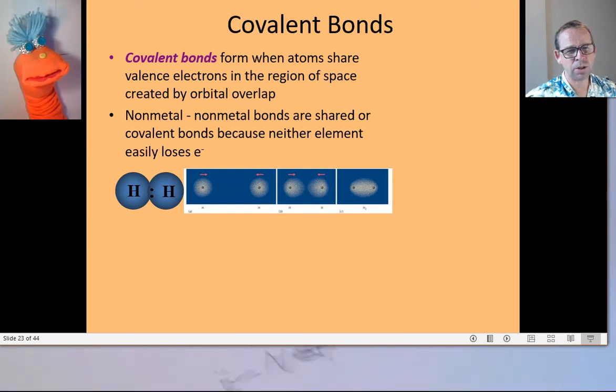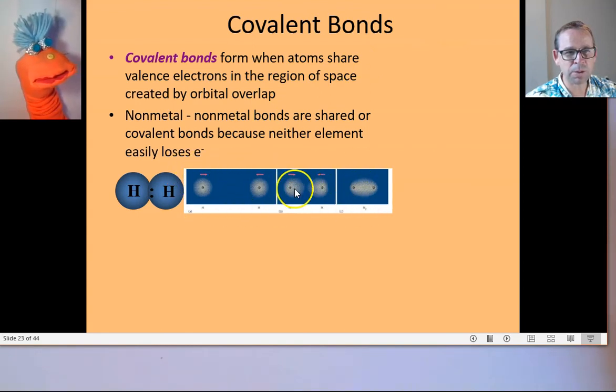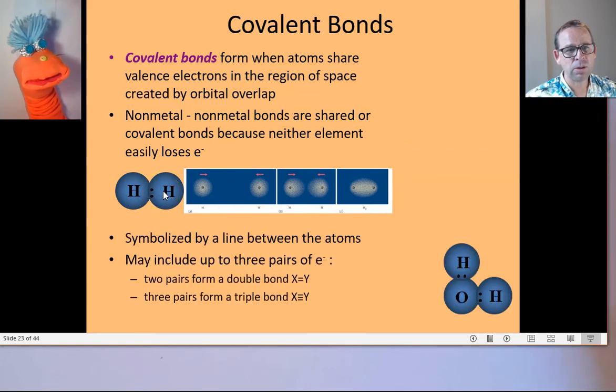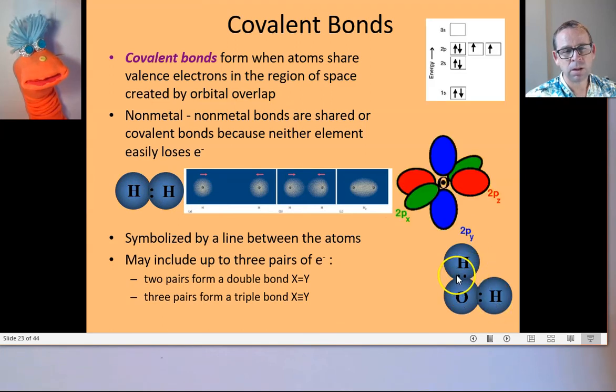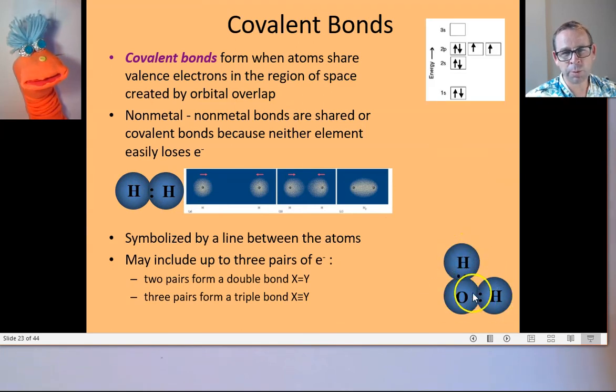Okay? This occurs when, you can imagine, again, our overlap of electron density clouds, and then electron density can be shared between two different atoms, like bringing two hydrogens together. You can also think of it as bringing hydrogen with oxygen, right? In water, forming water. Oxygen's electron density in its orbitals, right? Here's oxygen's orbital diagram.